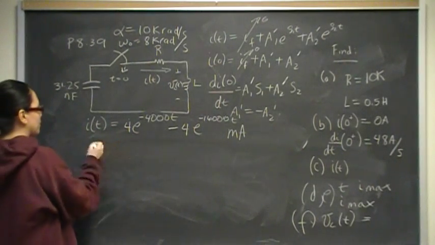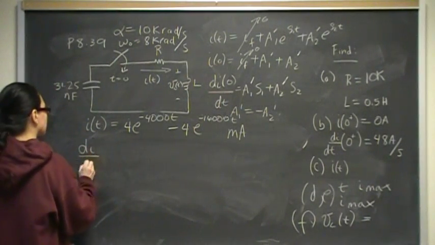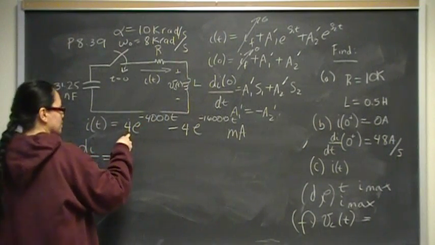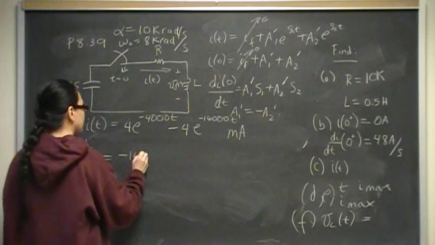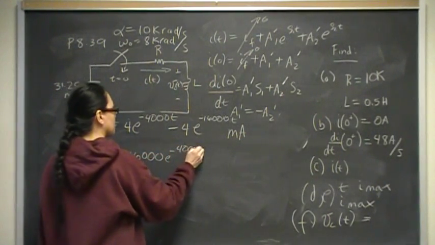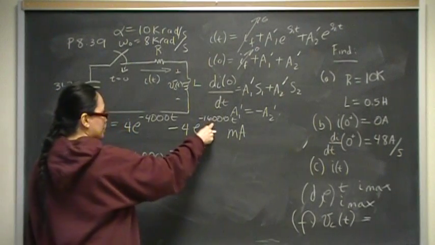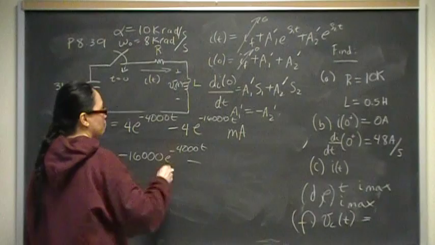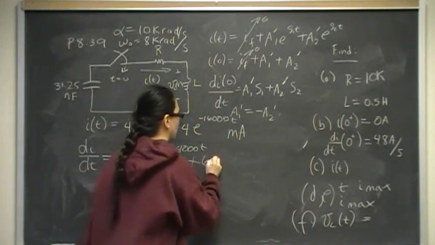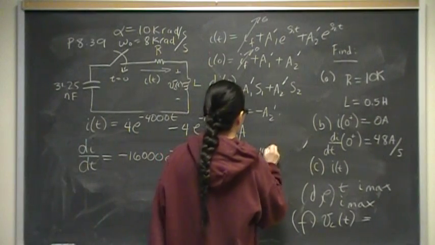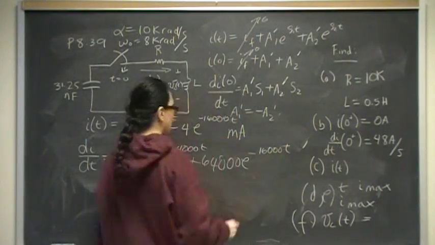So let's take the derivative of that. So di/dt is going to be negative 4,000 times 4, so negative 16,000 e to the minus 4,000 t. Negative 16,000 times negative 4 will give me positive 64,000 e to the minus 16,000 t.